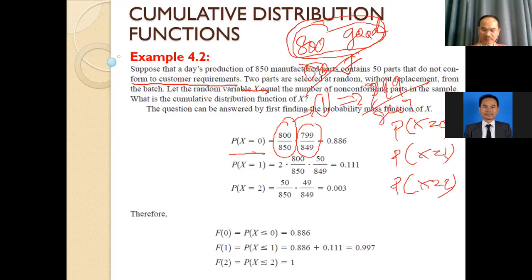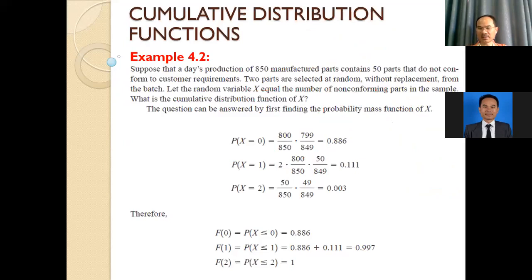For the first collection, the probability is 800 divided by the total, but the second time it is 799 divided by the total, and the total is reduced by 1. This is the probability that when you collect a sample of 2 parts from the 850, there is no fail.